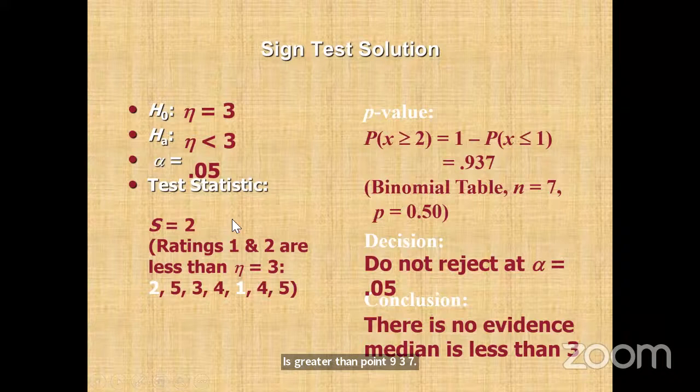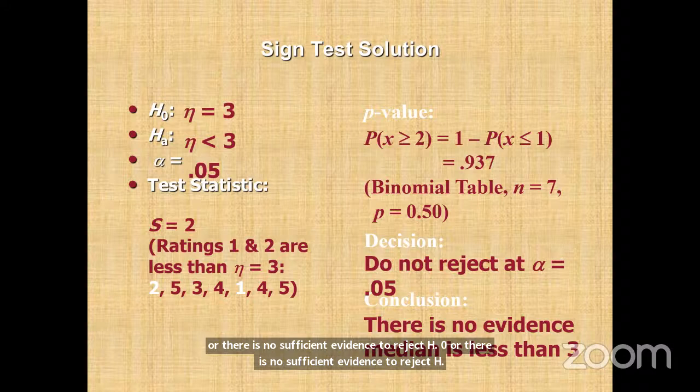Here it is less: the value of the test statistic is less than your table value, that is 0.937. So you have to accept H0, or there is no sufficient evidence to reject H0. In this way you will interpret your result.